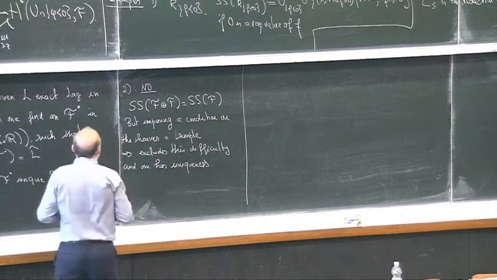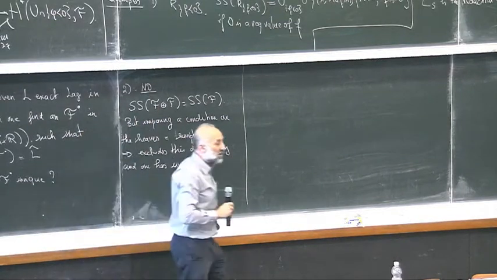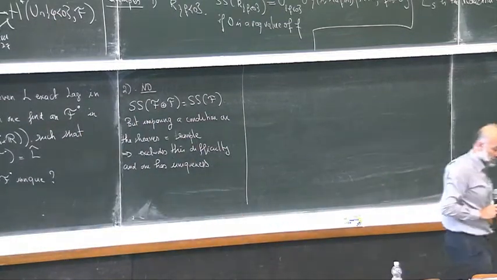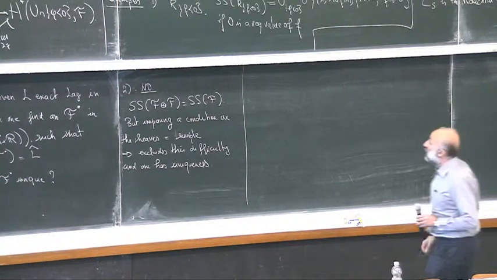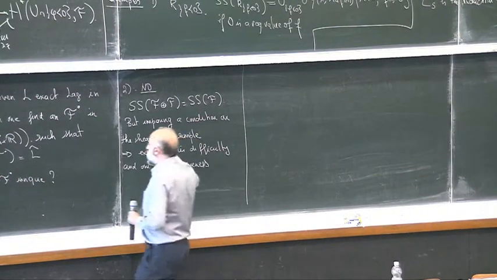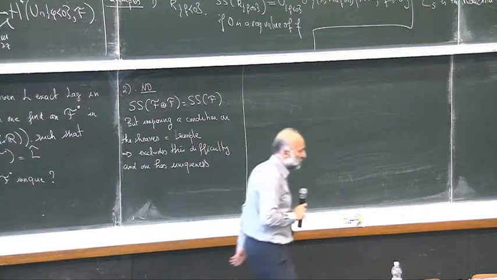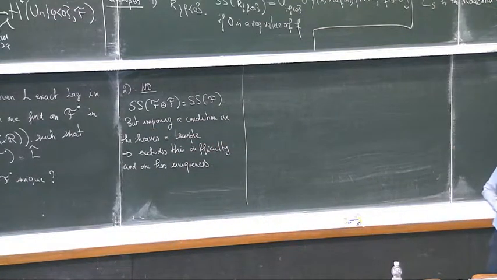So in a certain way, this is the only kind of difficulty that can occur. And in fact, you have to also impose some other property at infinity, but I'm not going to mention that.